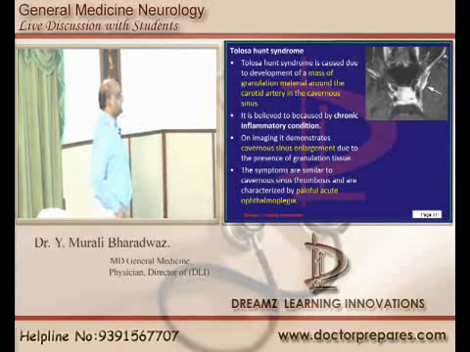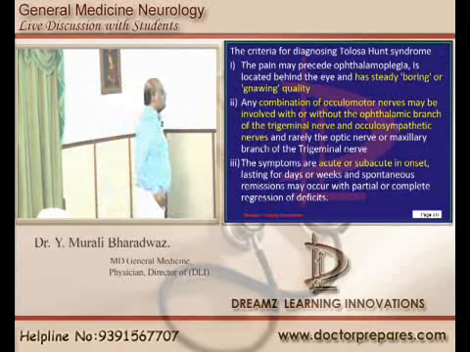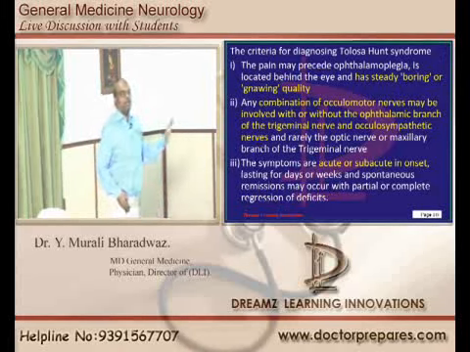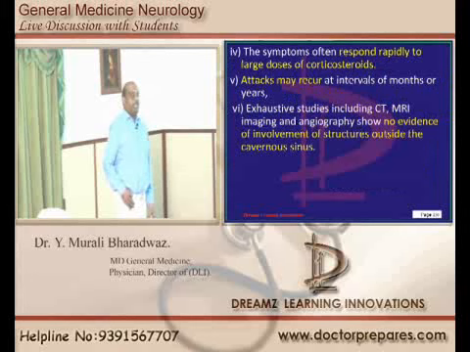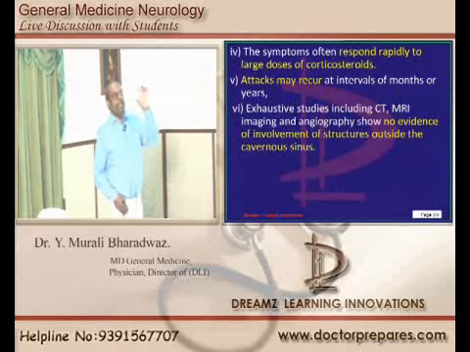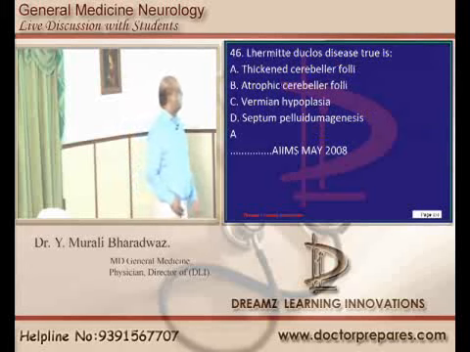So the presence of ophthalmoplegia, involvement of the oculomotor or trochlear or any of the structures in the vicinity of the cavernous sinus, a very rapid response to steroid treatment, recurring attacks, and enlargement of the cavernous sinus on CT, they all constitute the important criteria.